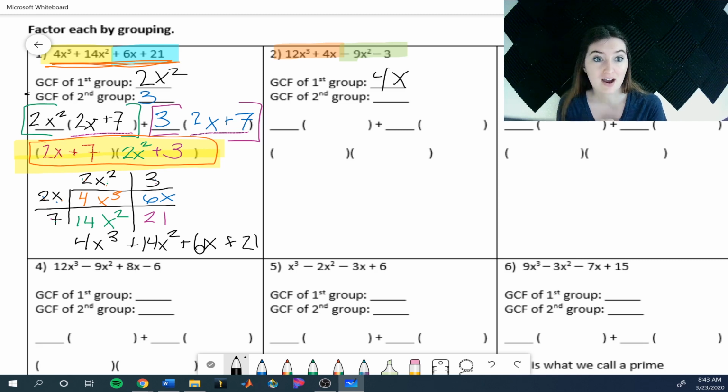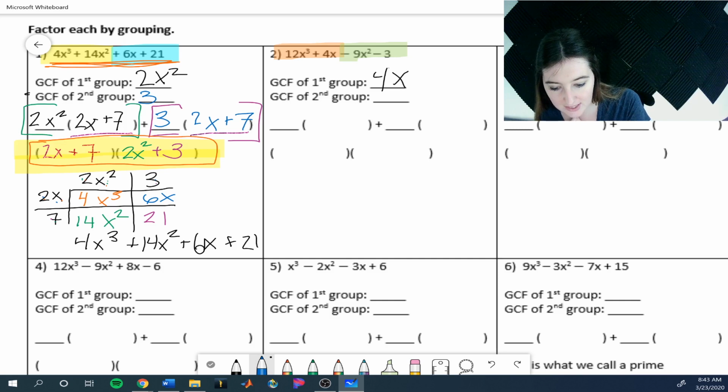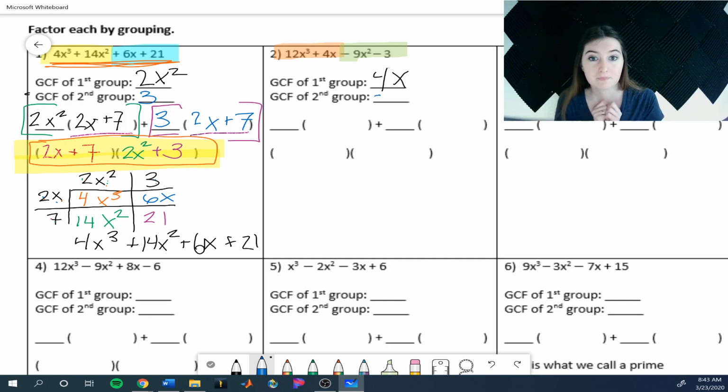So the first thing I'm going to write is a negative. Now I'm going to look at 9 and 3. What is my greatest common factor for 9 and 3?